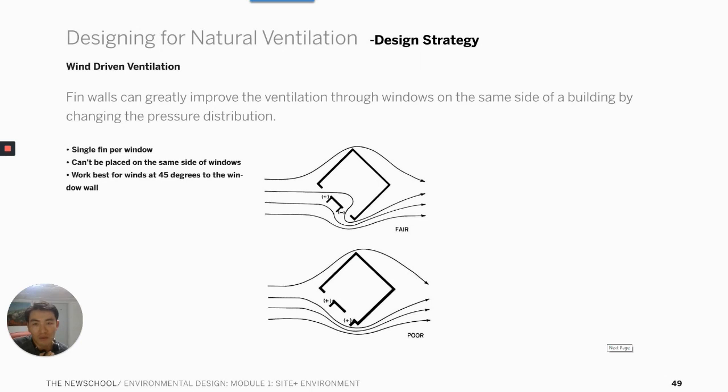Therefore, cross ventilation will happen. And for the example on the bottom, since you've located fins on the same side of both windows, both windows now have the same positive pressure, which will not allow cross ventilation to happen.